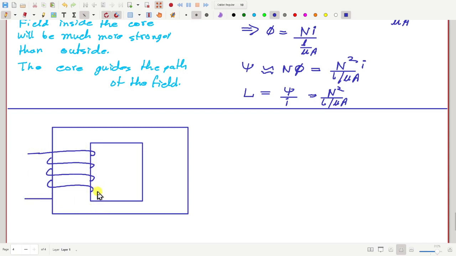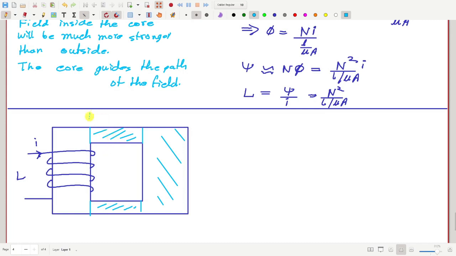Then how much is the inductance of this? Since the cross section is not constant, we may break the core into small sections, maybe like this. This is one section, then another section, then another, then the last one, and for each of these sections we can calculate the reluctance.